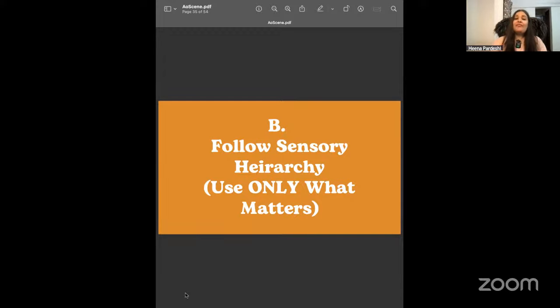So on level one, we have dominant sense. This is the single sensory detail that defines the emotional tone of the scene. It's the first thing the POV character notices because it connects directly to what they are feeling. This becomes your scene's sensory anchor.